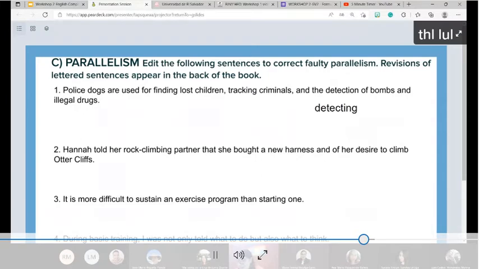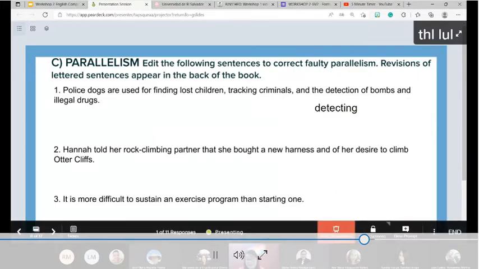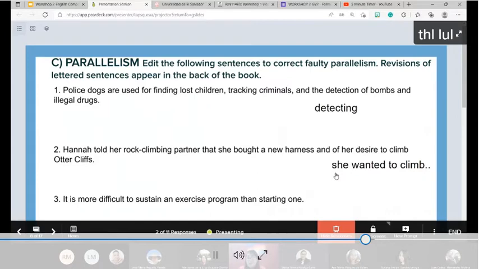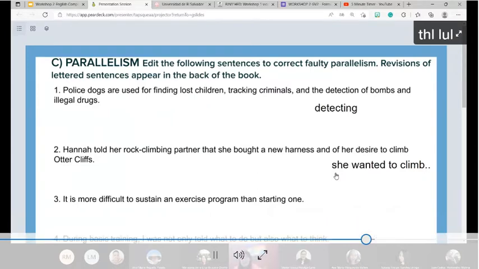So she wanted to climb other cliff. She wanted to climb. So Hannah told her rock climbing partner that she bought a new harness. So here we have a whole expression. Everything is in past.